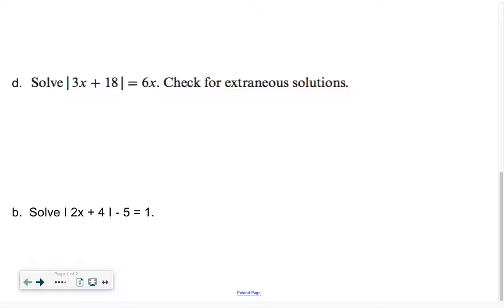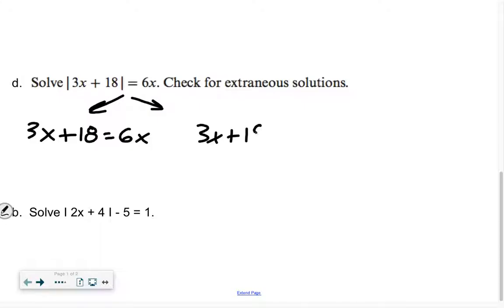Problem D, absolute value of 3x plus 18 is equal to 6x. Possible two solutions again. The first one will be the same. The second one, even though they got an x out there with it, it's still just the opposite, so it's negative 6x. So there are your two equations. There are your possible two solutions.